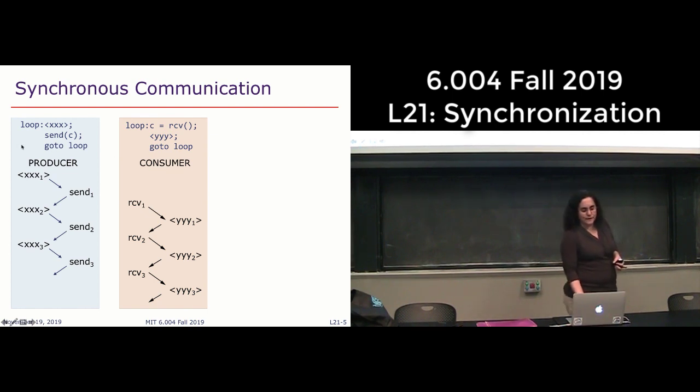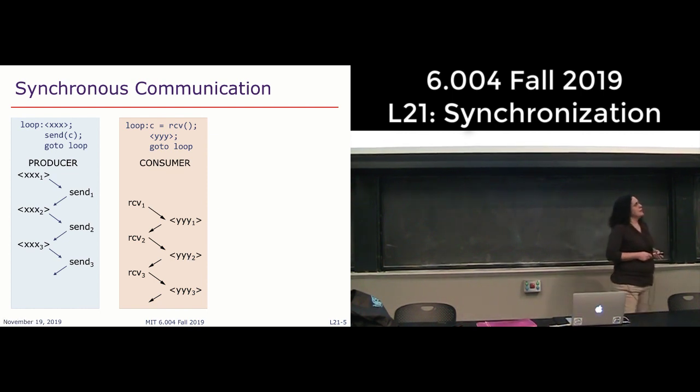Okay? So from an execution standpoint, it looks like you're running XXX for the first time, then you're sending your first character, then you're running XXX for the second character, then you're sending it, and so on. On the receiving end, it looks kind of similar, where you're receiving the first character, you're doing something with it, which are these Y1 instructions, then you receive the second character, you do Y2, and so on.